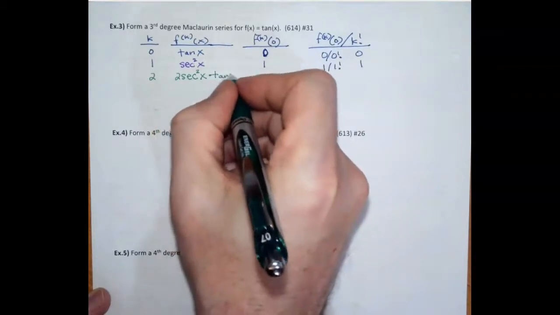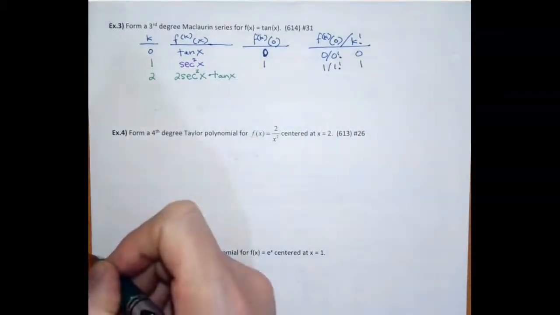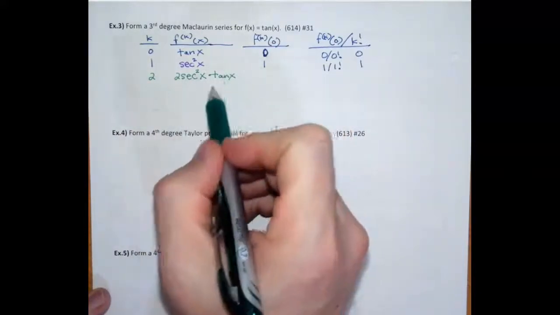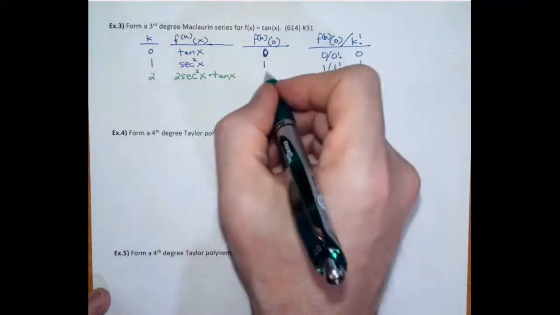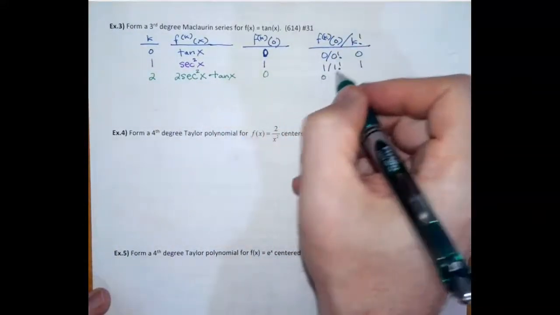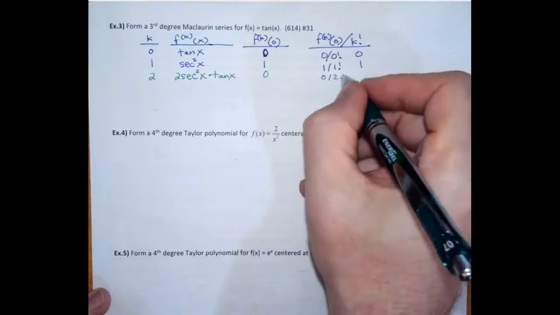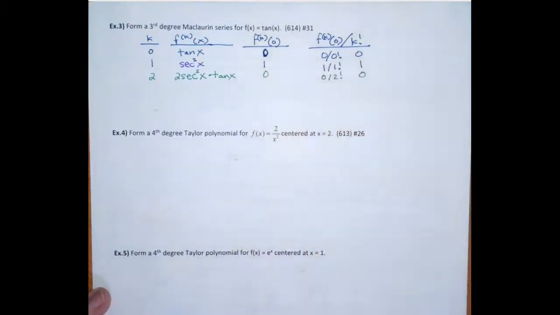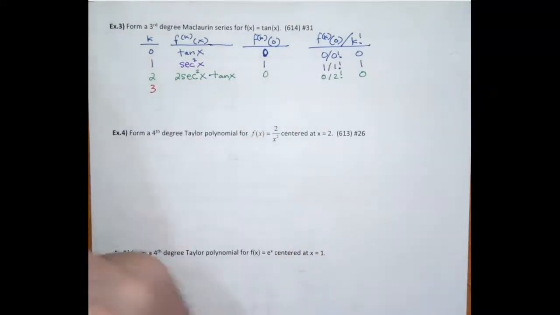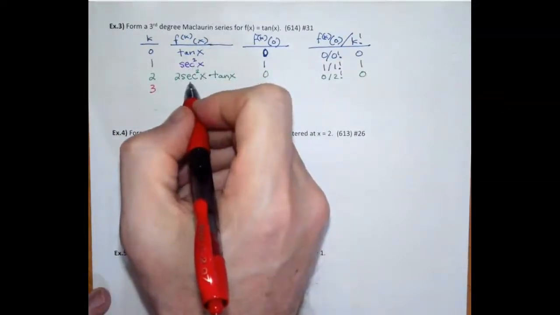So that's going to give us secant squared tangent. Alright, and if we evaluate that at 0, the 0 at tangent is going to cause that to be 0 times 1, so that's going to be 0. And then 0 divided by 2 factorial is 0. Okay, and finally the third derivative.